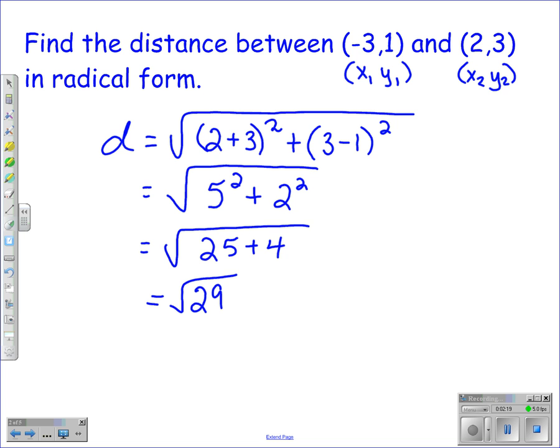Square root of 29 is our distance, so distance equals square root of 29, and we will put units behind that as a label. If they ask you to round that answer off to the nearest hundredth or tenths, then you would pick up your calculator and find out what the square root of 29 is. For our problem, we left it in radical form.